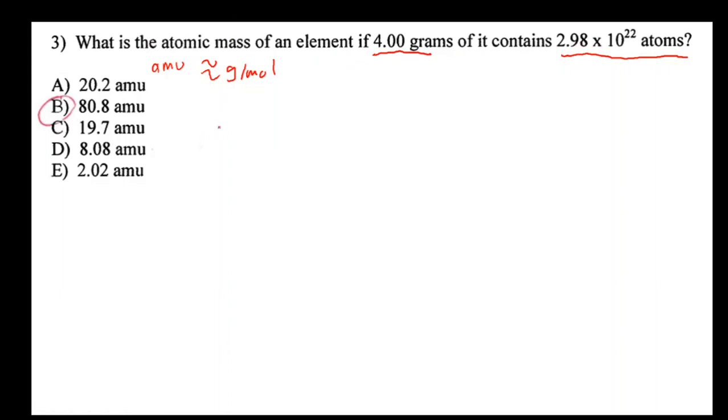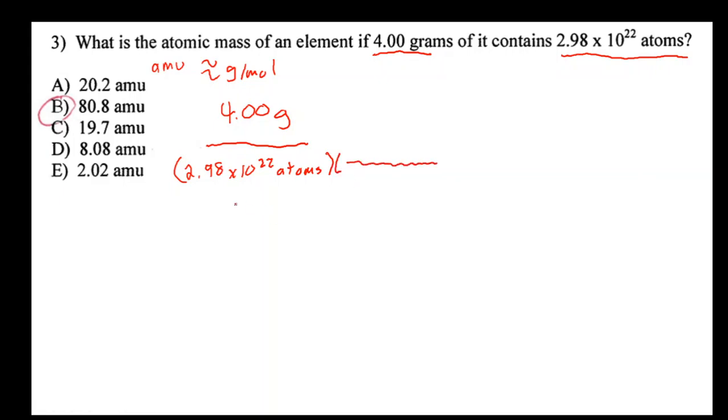So if we remember, if we want to determine something in grams per mole, we have 4.00 grams, which is the mass of our sample. And then in order to determine how many moles we have, we need to multiply the number of atoms by Avogadro's number. So if you remember that, we'll take our 2.98 times 10 to the 22nd atoms and then multiply it by Avogadro's number.